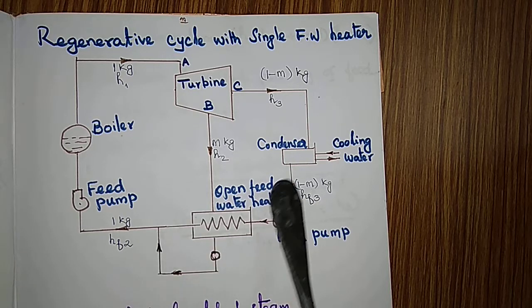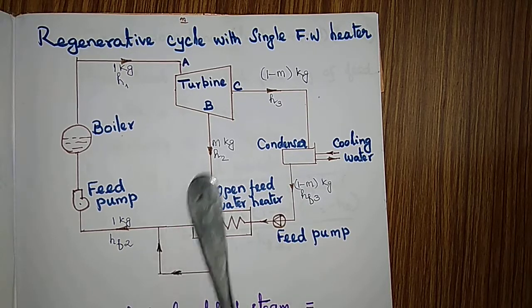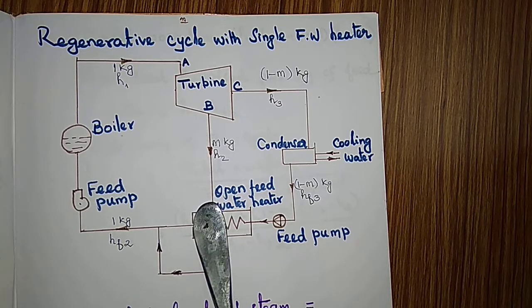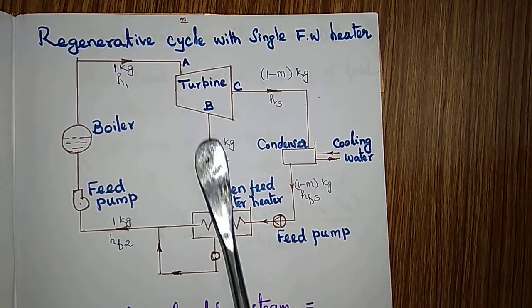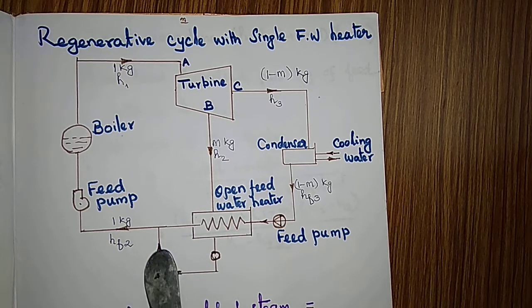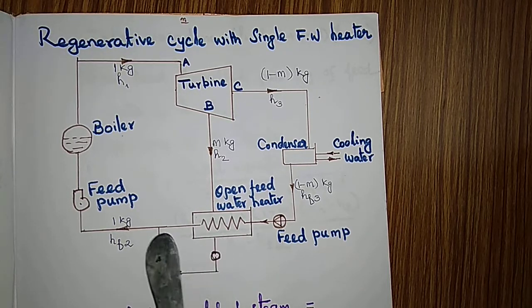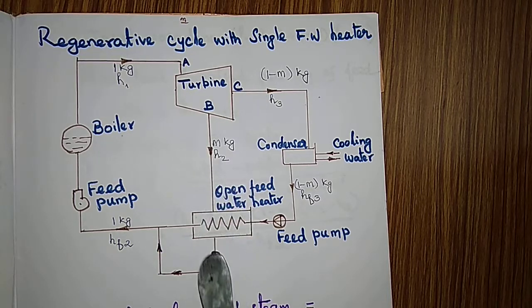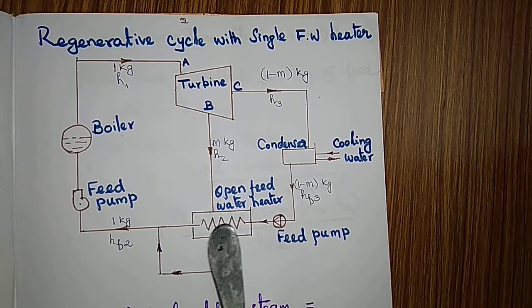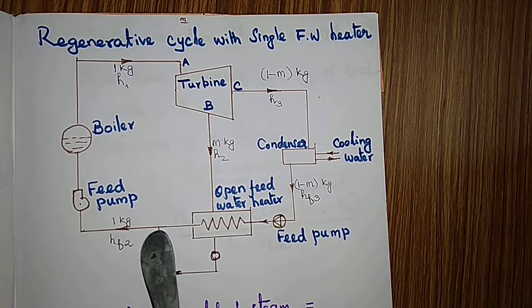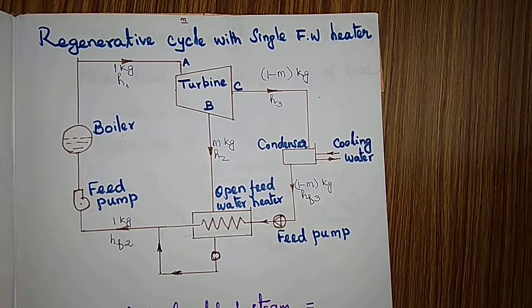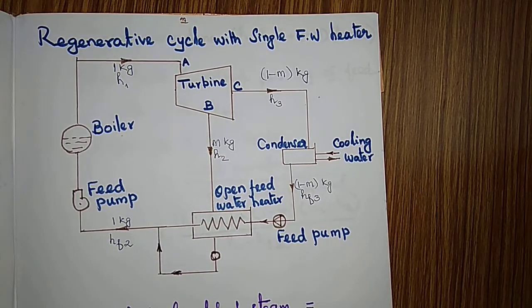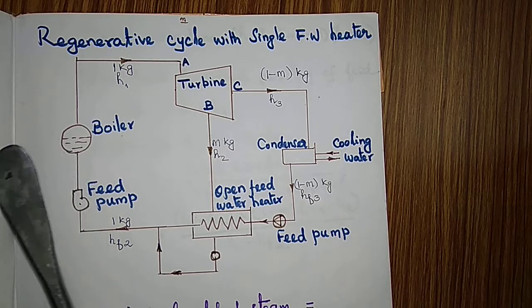But now here, this condensate is heated using the steam bled from the turbine somewhere in between, and the mixed one, that means the bled steam also is condensed. The feed water temperature also is raised. Both are mixed together and it is sent to the boiler. So effectively, the boiler is supplied with hot water.